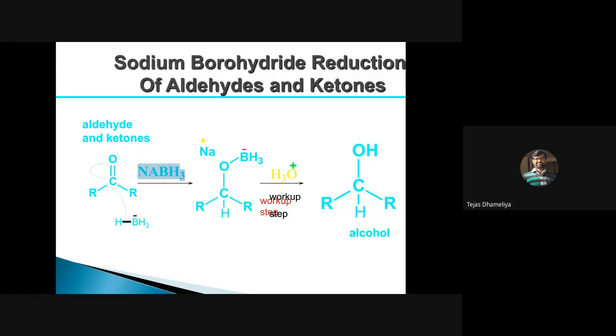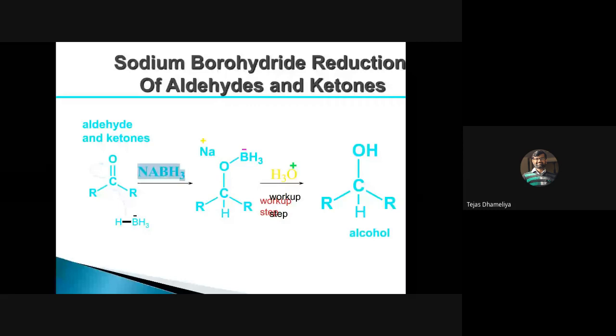You are also aware of catalytic hydrogenation. So catalytic hydrogenation in the presence of platinum, hydrogenation on palladium, hydrogenation on palladium charcoal.